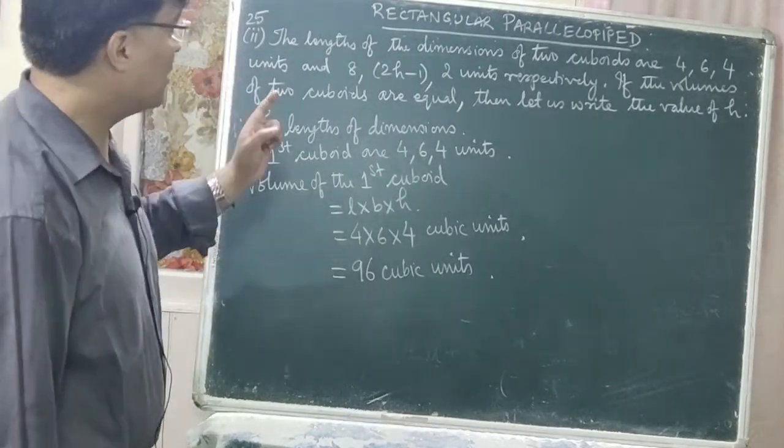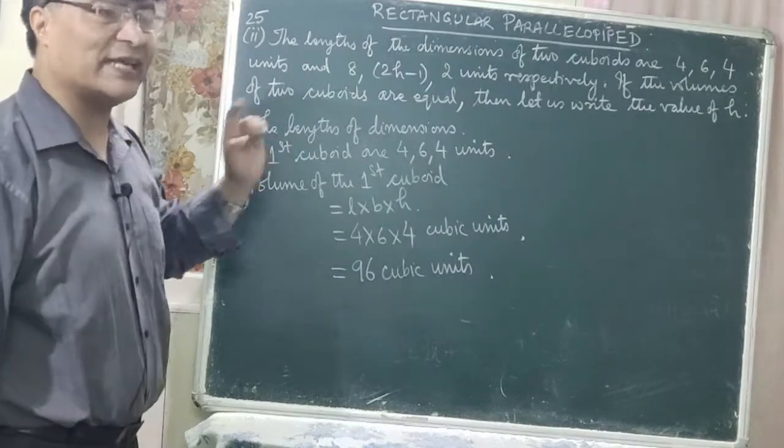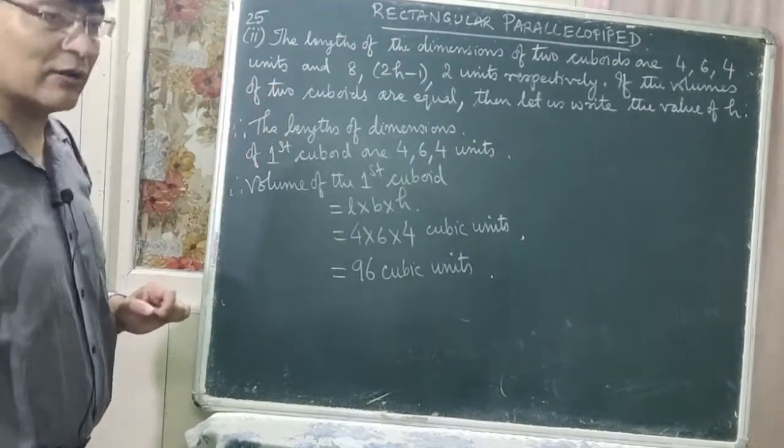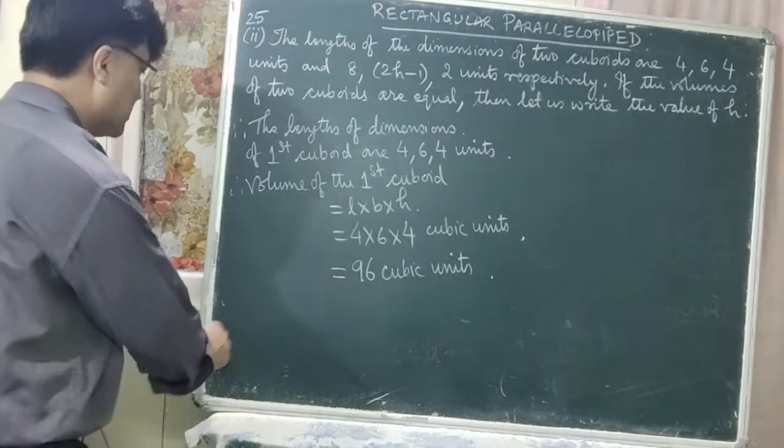Okay. Now you have to find out the volume of the second cuboid. The lengths of the dimensions of the second cuboid are also given. So let us write it.